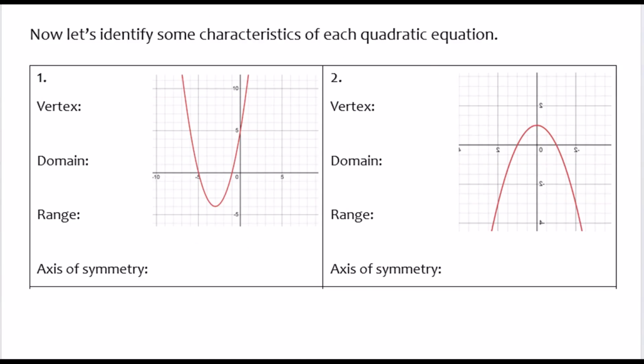So let's kind of apply this knowledge here and look at the first example that we have. All right? So number one, first thing we want to find or identify is the what? Vertex, right? And where's the vertex on the parabola? Where is the vertex on this one?